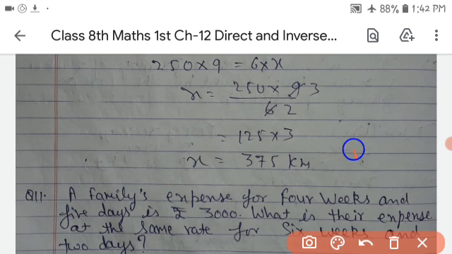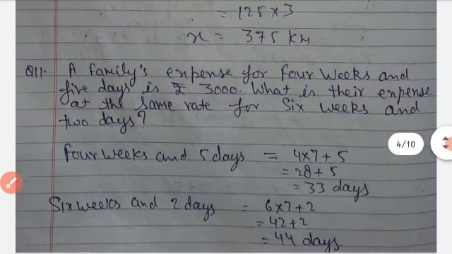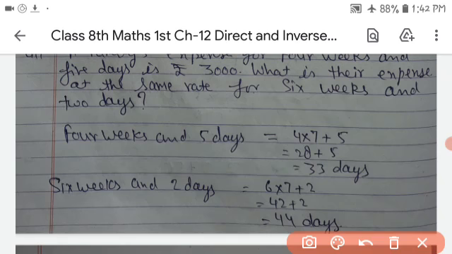Now the next question: a family's expenses for 4 weeks and 5 days is rupees 3000. What are their expenses at the same rate for 6 weeks and 2 days?